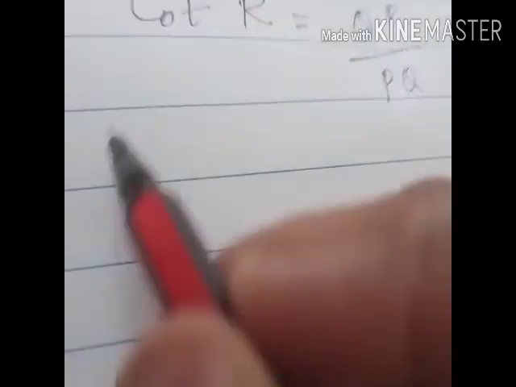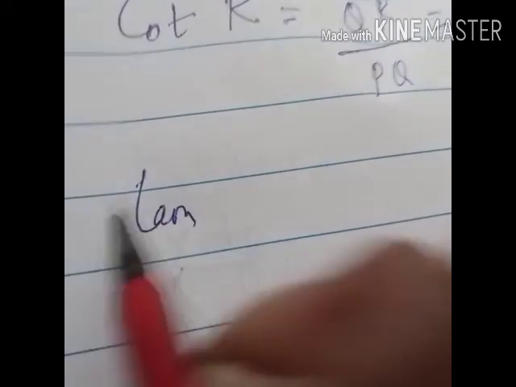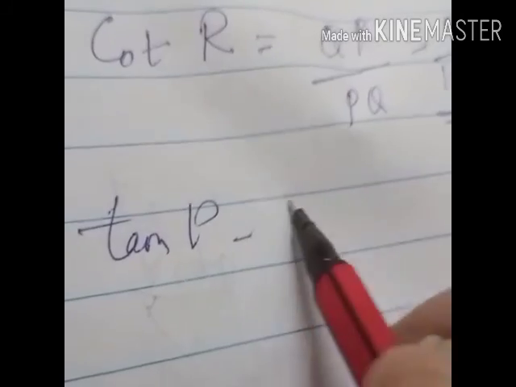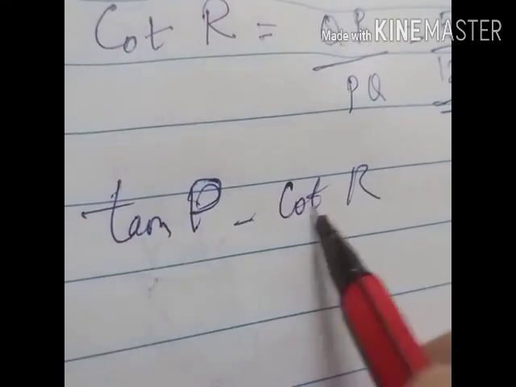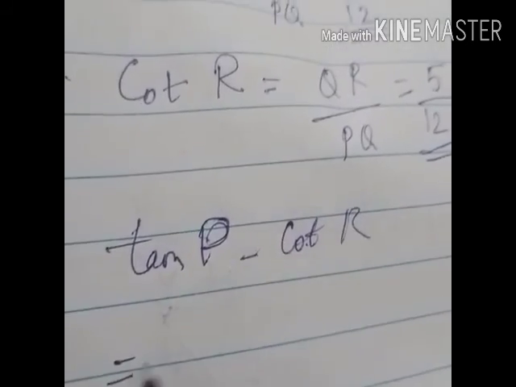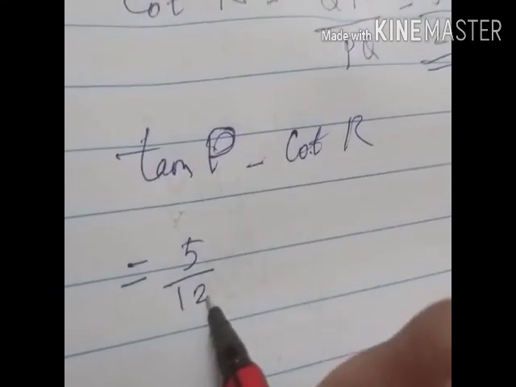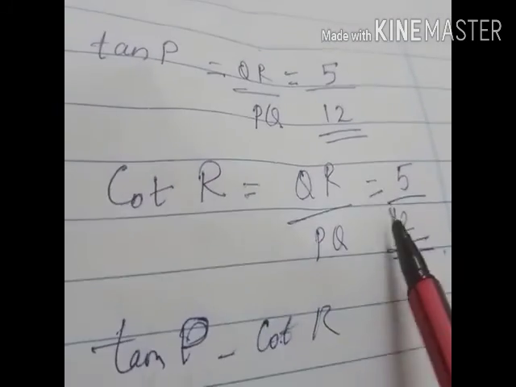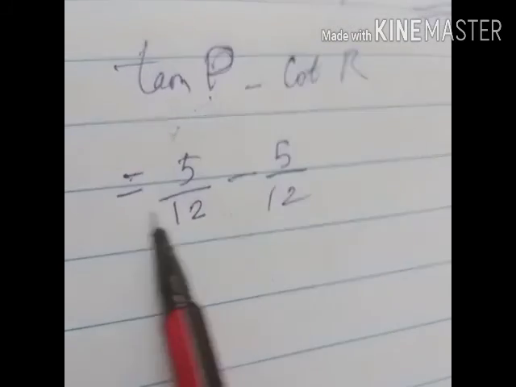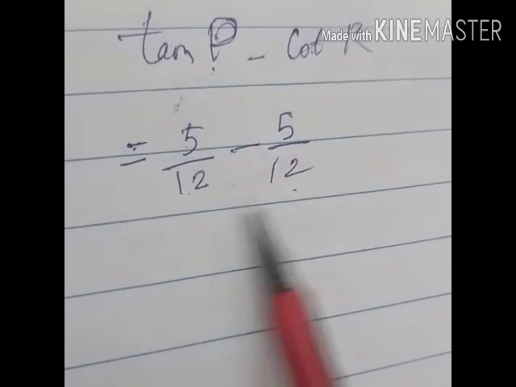Then according to the question we have to find tan P minus cot R. Tan P minus cot R, that is equal 5 by 12 minus 5 by 12. Tan P is 5 by 12, cot R is also 5 by 12.